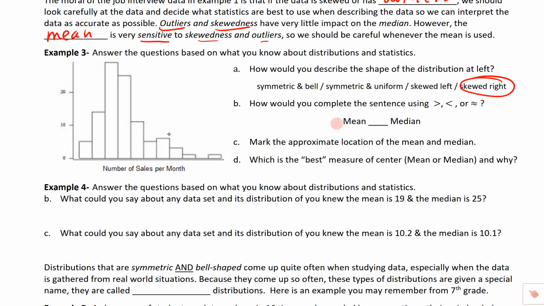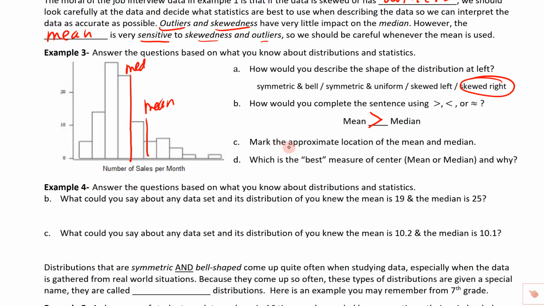So remember, if this is skewed to the right, that means the mean is going to be bigger than the median. So if we put the median, say right here, say that's the halfway point, and I'm going to write median right here. The mean gets dragged in the direction of the tail, so maybe the mean is about right here. So the mean would be larger than the median because it's right skewed.